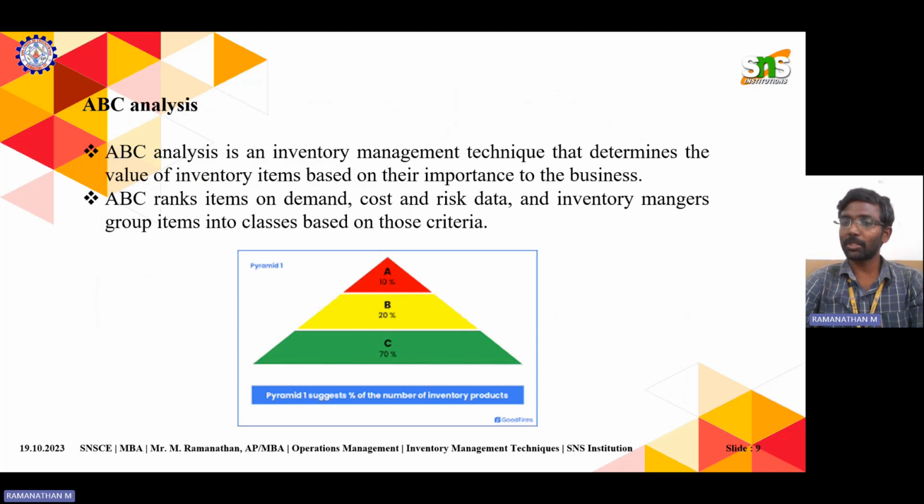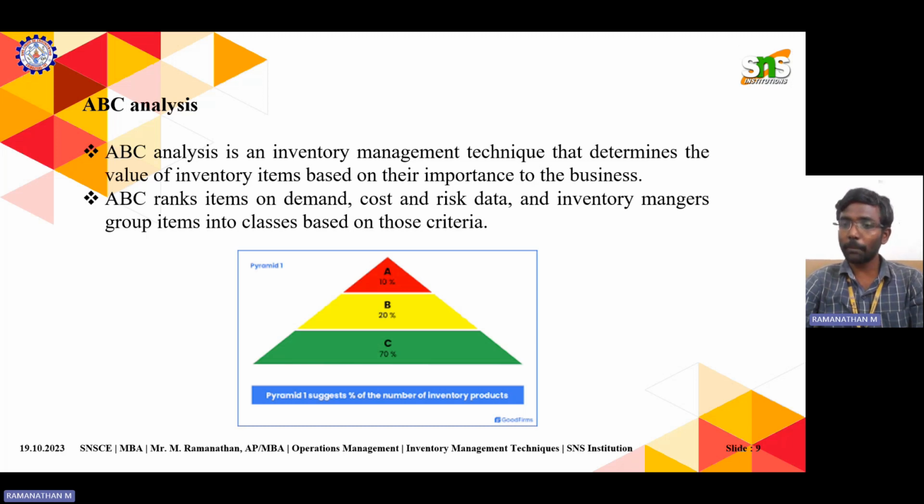If my product price is 10 or 20, I am able to hold more inventory, more raw material or finished goods. If the price is 200 or 500 or 600, I can't hold more inventory or raw material, because the capital of the business will also increase.